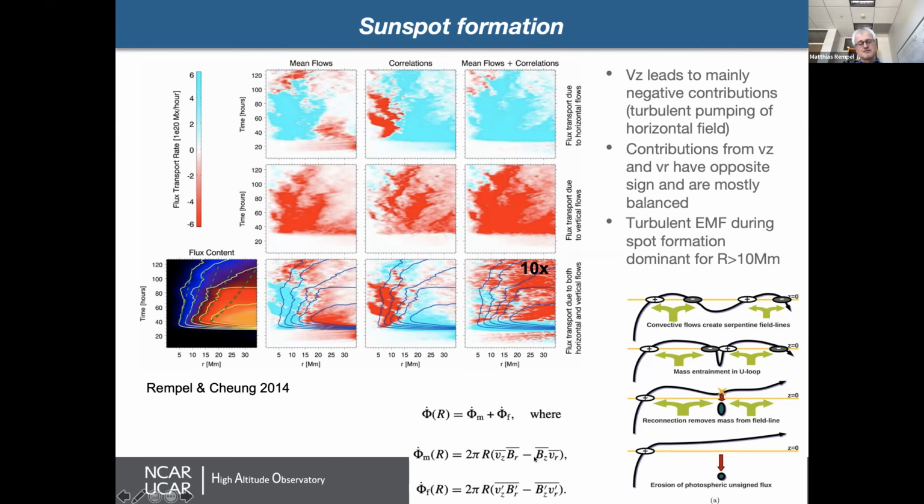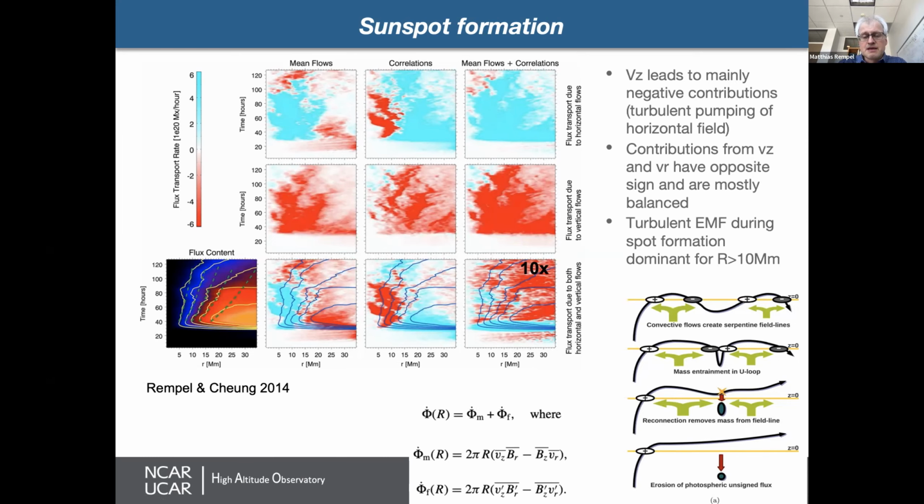Then we decompose these flows into mean flows and fluctuating components and radial and vertical ones. And what we found is that the contributions from vertical flows, which are shown here in this middle row, are throughout the entire time, with a few exceptions, negative. So they always lead to kind of erosion of the flux concentrations.